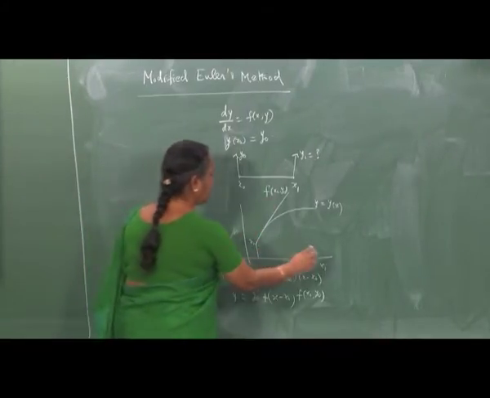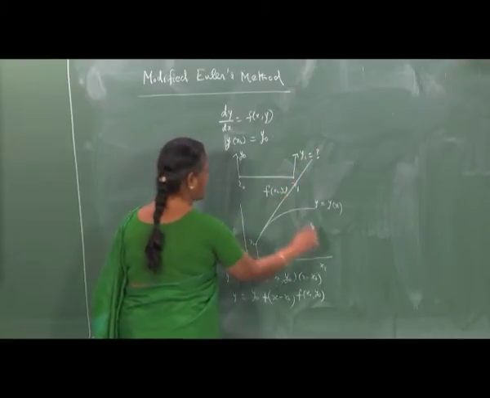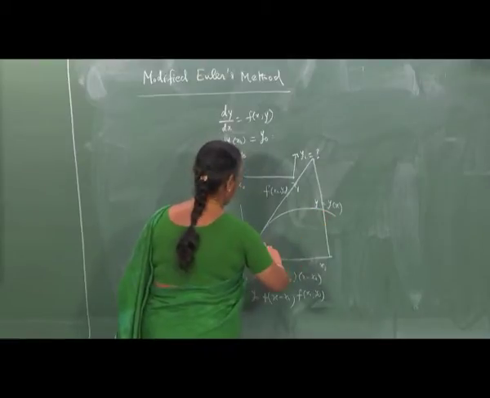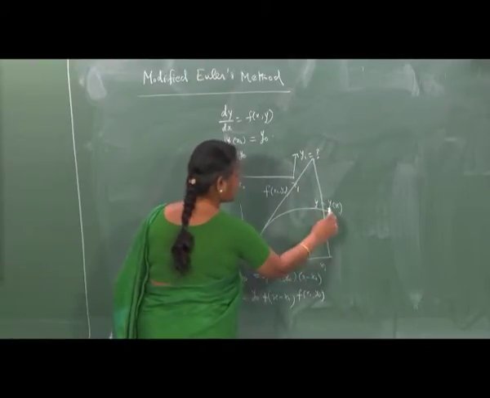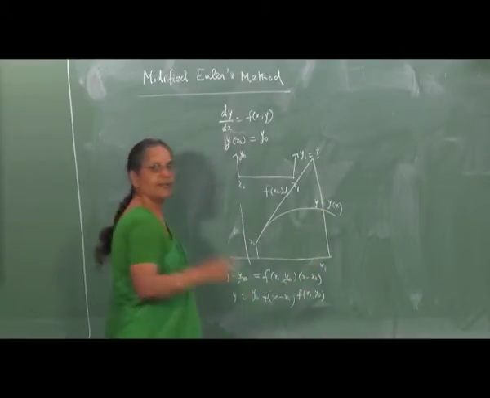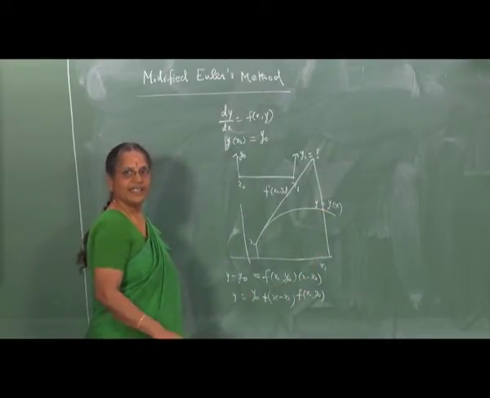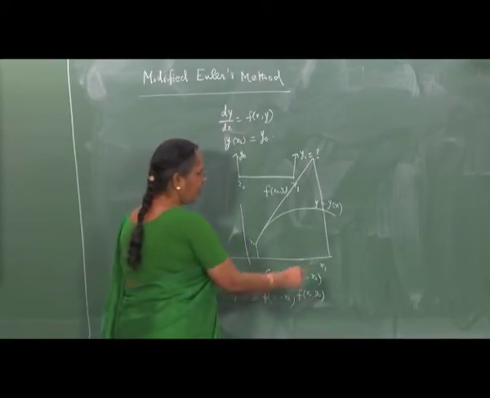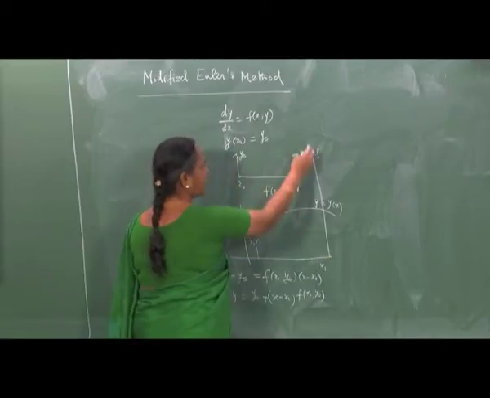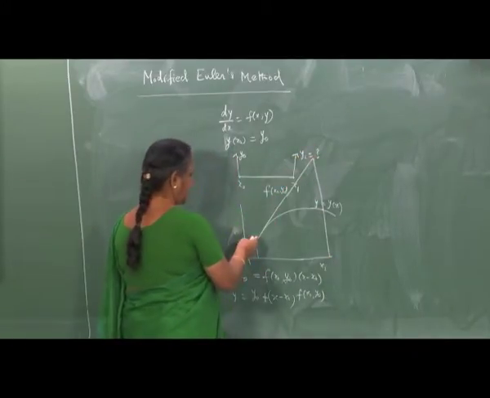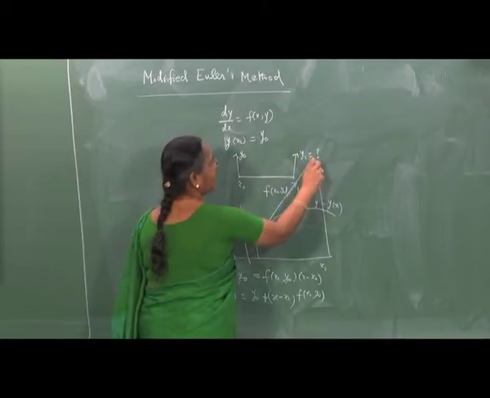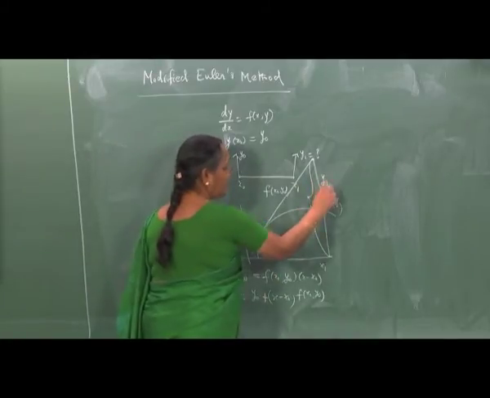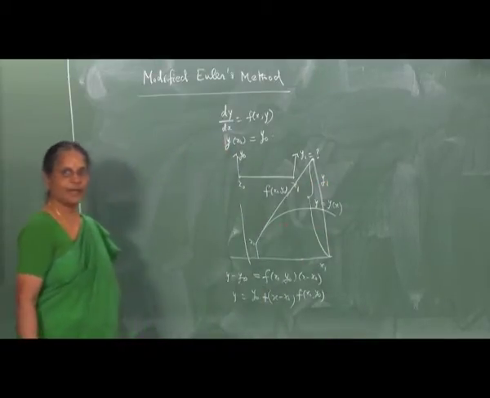If I drop the ordinate at the point x1 and the curve actually meets the ordinate at this point, but I do not know what the curve is, I would like to approximate this ordinate. So, I drop an ordinate at x1, and if it meets this tangent line at some point, I take that as the value of y1, namely the ordinate at x1.